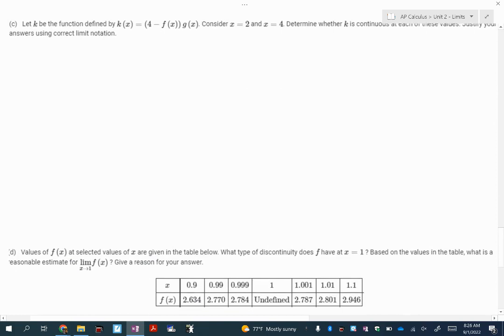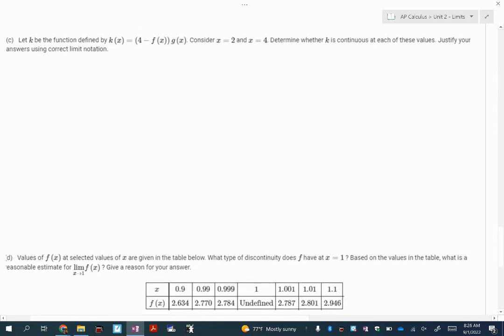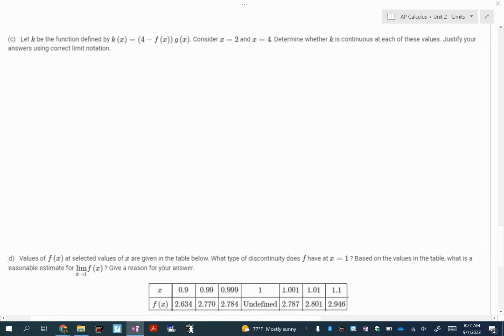Part C says that we have a new function k defined by 4 minus f of x, and then all of that multiplied by g of x. We're considering two x values, 2 and 4, and we want to see whether k is continuous at each of these values. When we talked about functions being continuous at certain x values, it has to achieve two things.